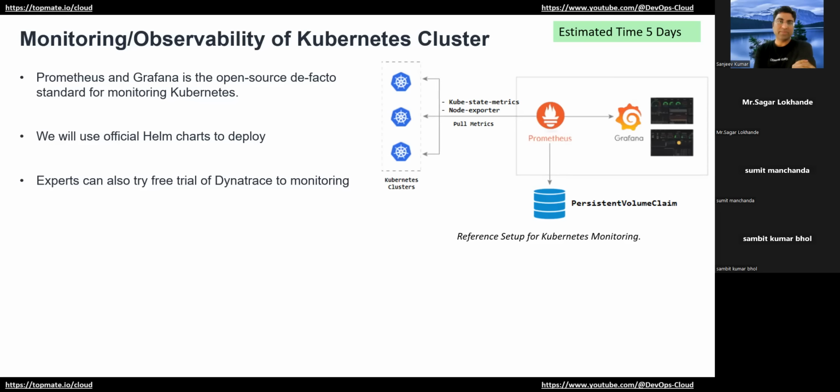They are open source. You don't have to spend so much on licensing. You get limited support. And for people who want to experiment with industry level products, there is Dynatrace, which is a commercial product. I found Dynatrace actively used by organizations, so you can try using a free trial of Dynatrace also.